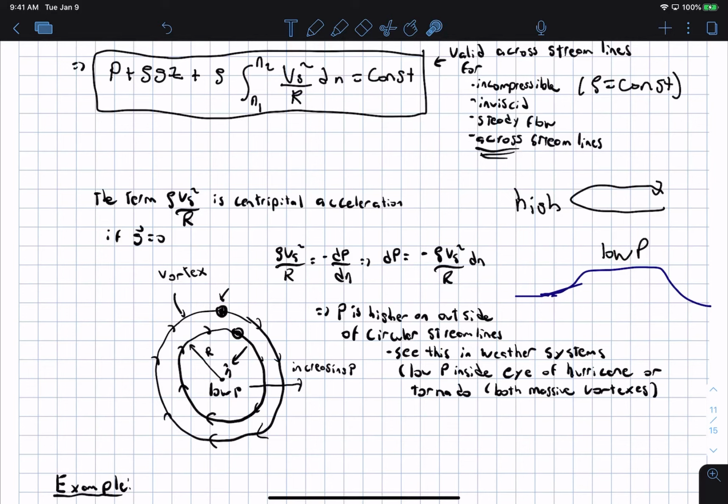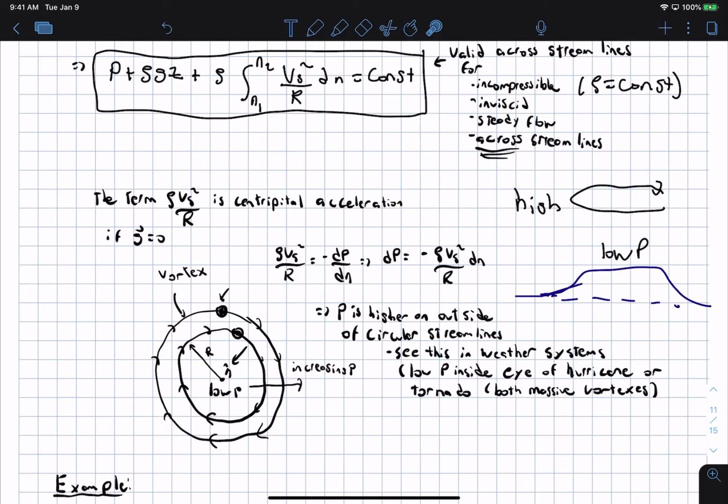So you have what's called storm surge, a region where the elevation of the water is higher than normal sea level, just due to the fact that at the center of the hurricane you have a low pressure that is trying to suck it up, trying to lift up on the surface relative to the surrounding seawater.